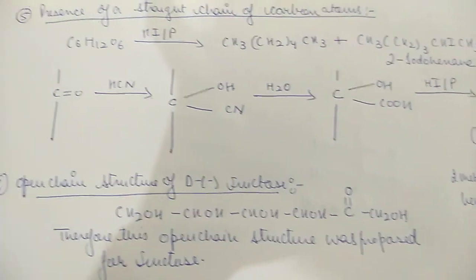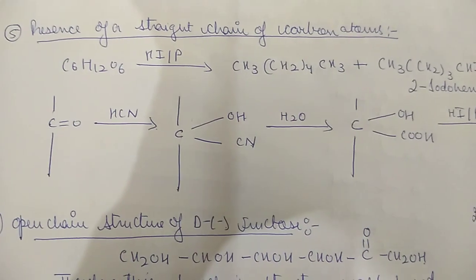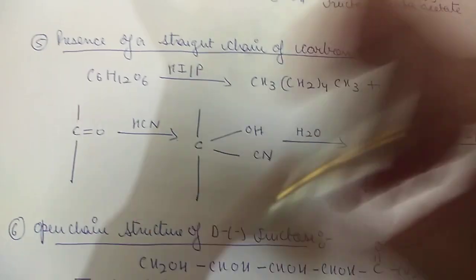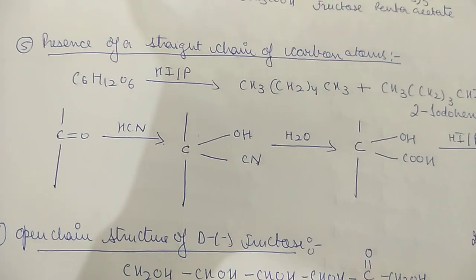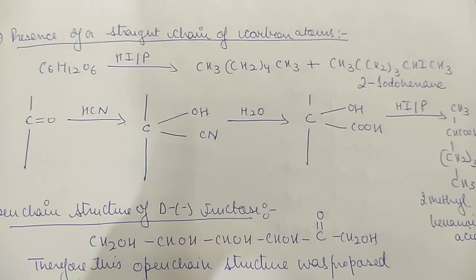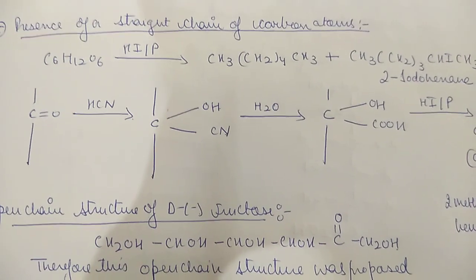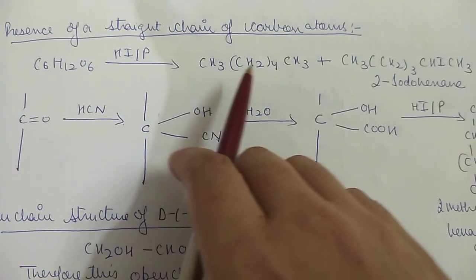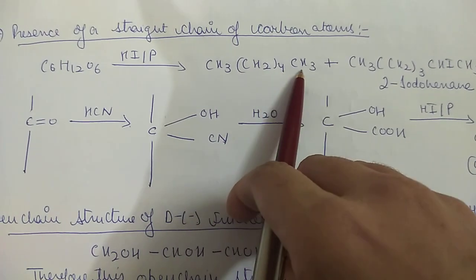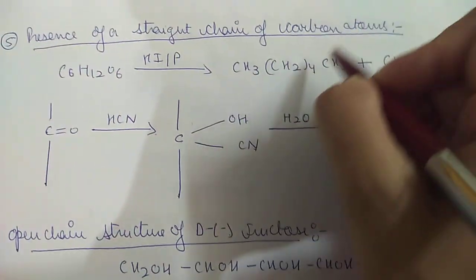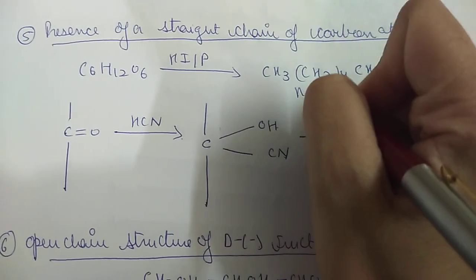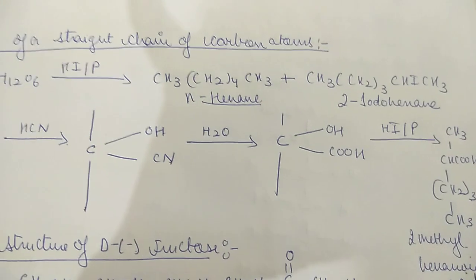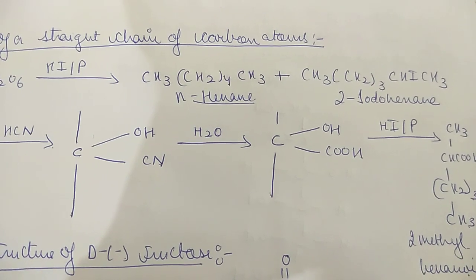Then next is the presence of straight chain carbon atoms. How do we establish that? As we established in the case of glucose, in the same manner here also it is established. C6H12O6, if you react it with HI and phosphorus, it will give us CH3(CH2)4CH3, which is normal hexane, plus 2-iodohexane, CH3(CH2)3CHI-CH3.